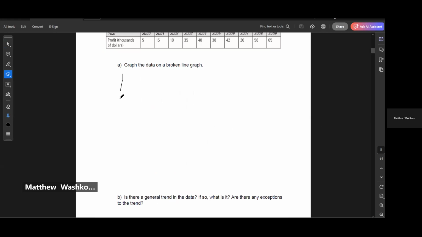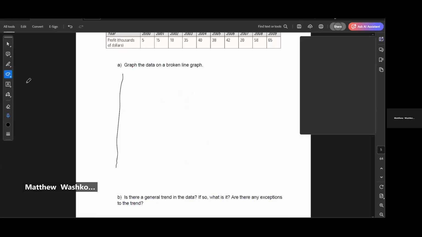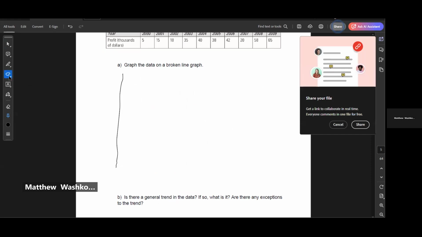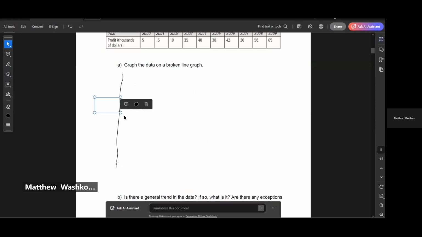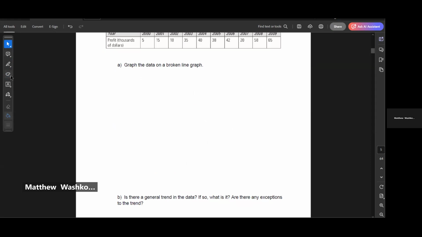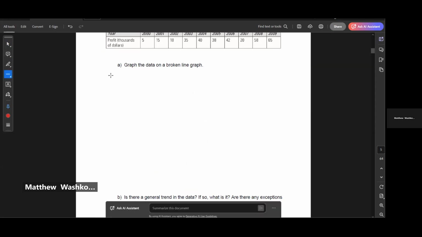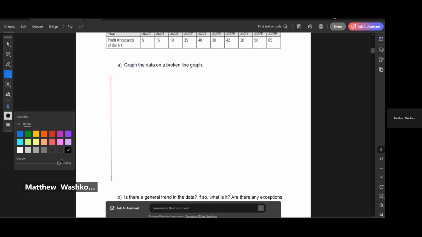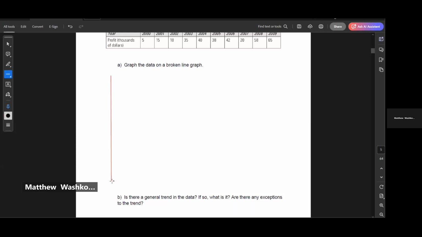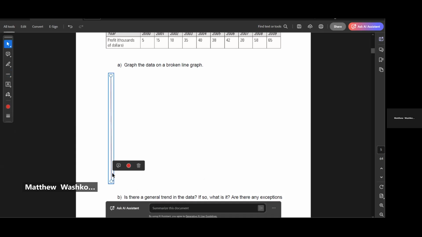So first thing I'm going to do is draw myself a line. You guys want to make yours straighter than mine? Oh, I can. How do I delete this? Okay, I can delete it. Nice. The first thing I'm going to do is draw myself a nice little line here. Make that black. Sorry, folks, I'm still learning how to use this tool here.